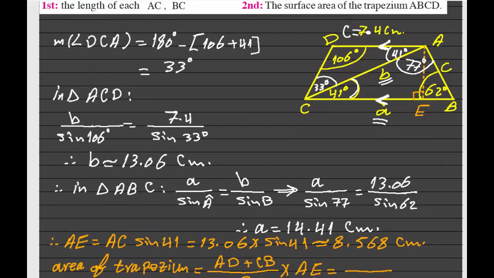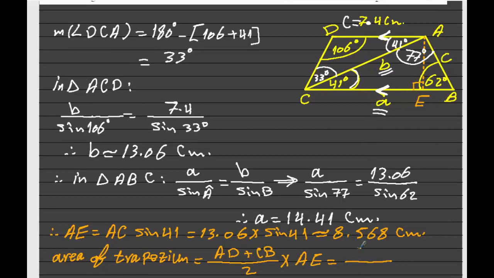Here AD equals 7.4 plus CB, which is A, equals 14.41, over 2, multiply its height 8.568.